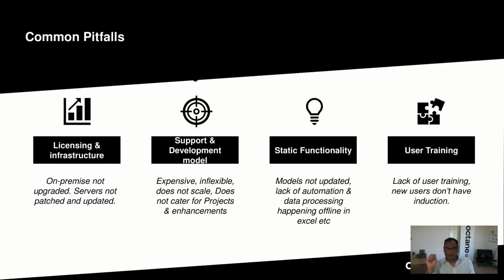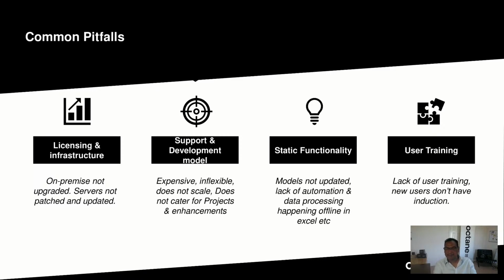And the third thing we see is the static functionality. All organizations evolve. You'll be adding new cost centers, buying and selling departments, divisions, M&A activity happening. The size and the scope of the company, the products you sell will always be evolving. So by keeping the system static and not evolving with the organization, slowly you again become out of date.